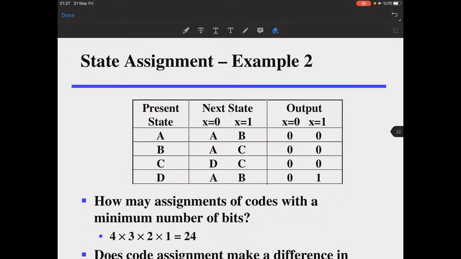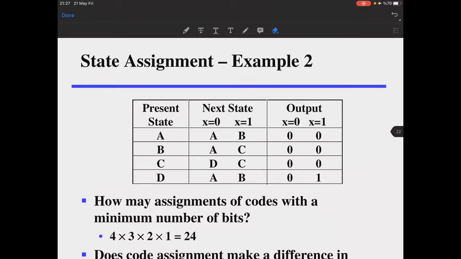But suppose that you have 4 states, it increases dramatically. Now you can do 24 different state assignment combinations. All of them are possible, but some of them are very popular. The most popular ones are what we will cover.